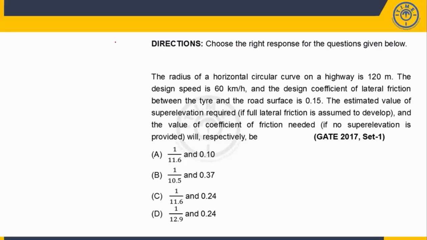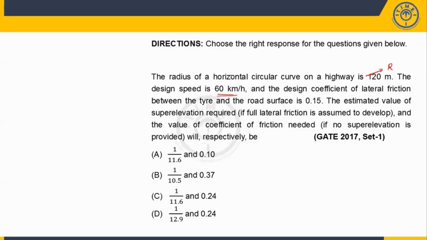The radius of a horizontal curve is given as 120 meters, so R is equal to 120. Design speed 60 kmph, which needs to be converted now.